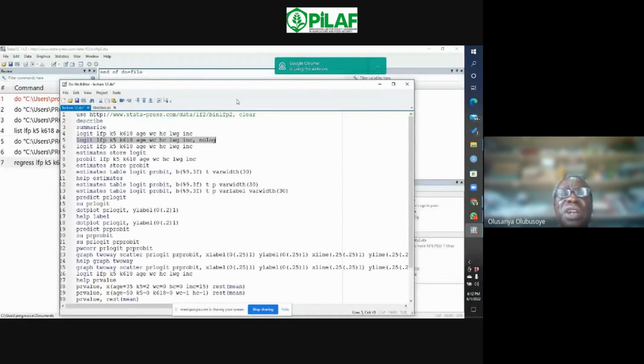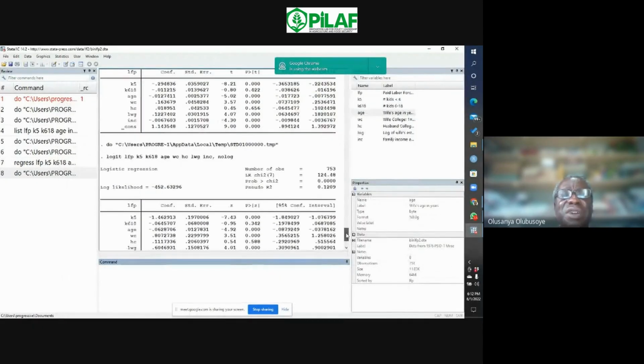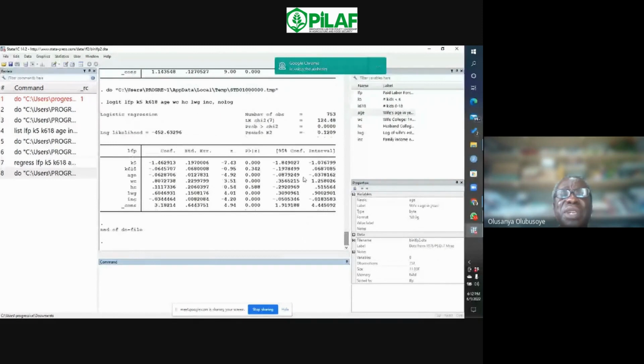If I run this, you will see that the log has been removed because of this nolog option. But other things remain. If you think those will just be nonsense, you might want to suppress those kinds of results.